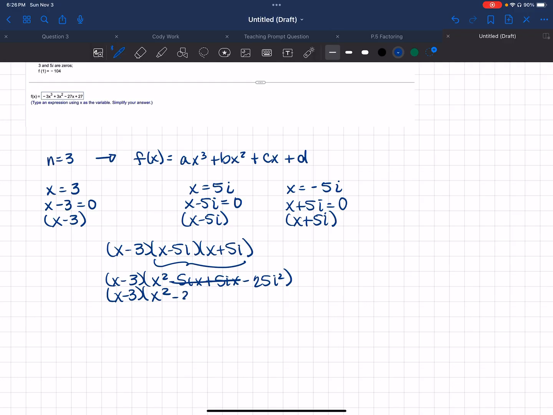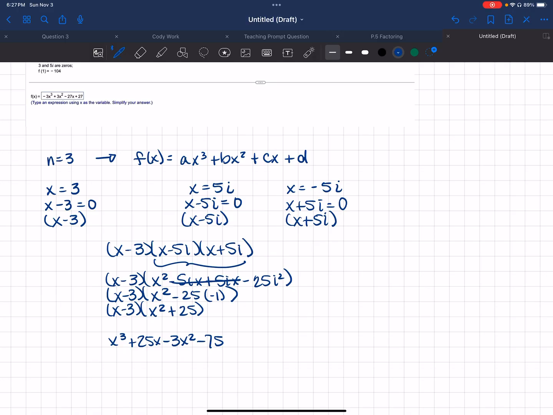And so then I've got negative 25, and i squared, of course, is a negative 1. So that's a negative 25 times a negative 1. That's going to give me x minus 3 times x squared plus 25. Okay, now we're ready to multiply those together. That's going to give me x cubed plus 25x minus 3x squared minus 75.